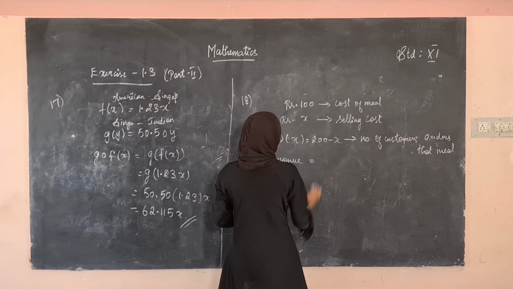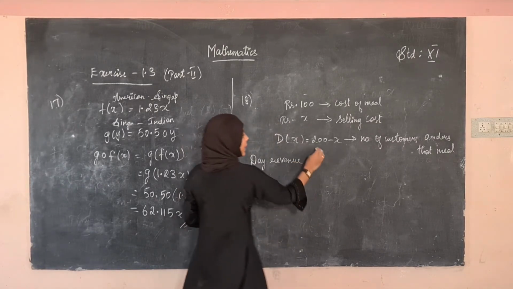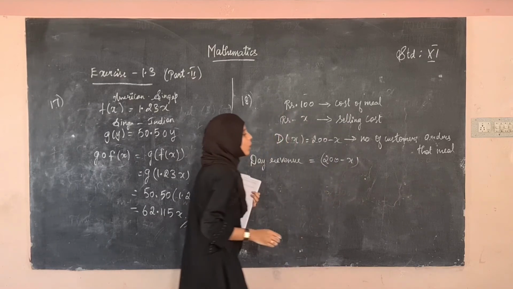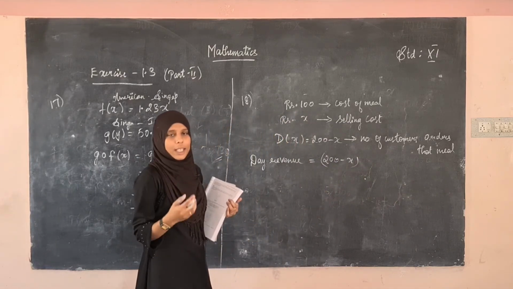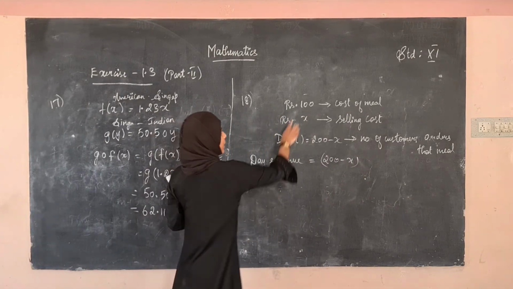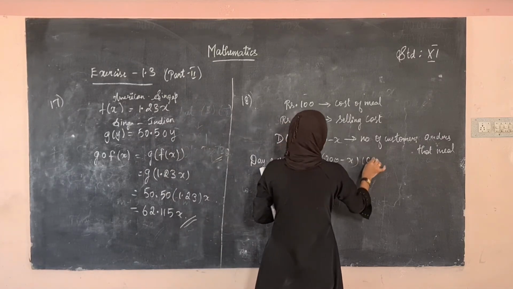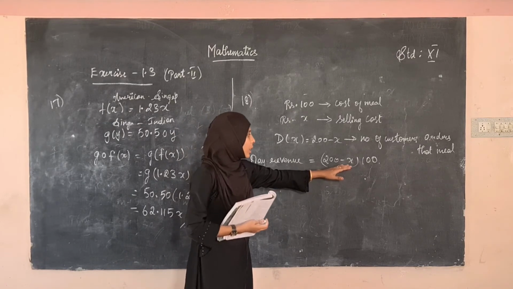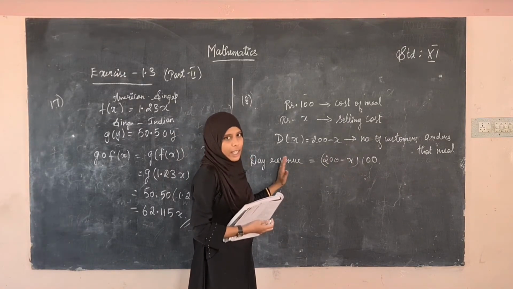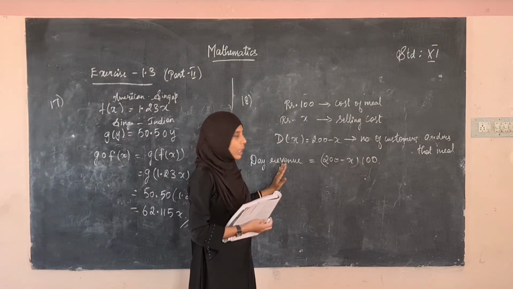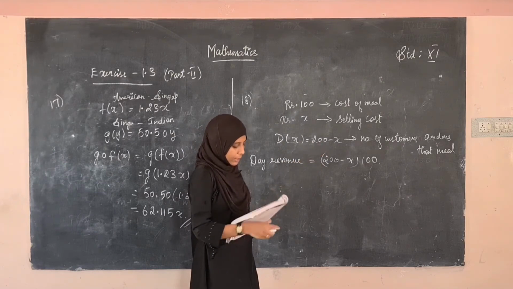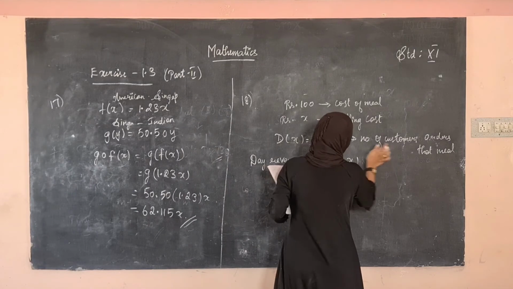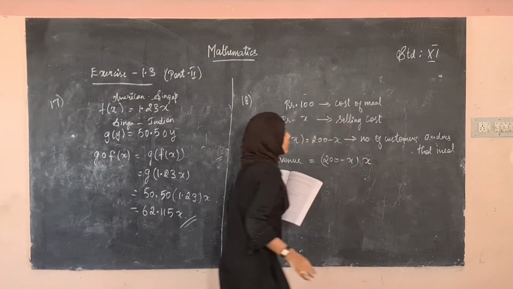Total revenue. So how many customers were there? There were 200 minus x customers who ordered that meal. Sorry, this is the selling price, you have to multiply.